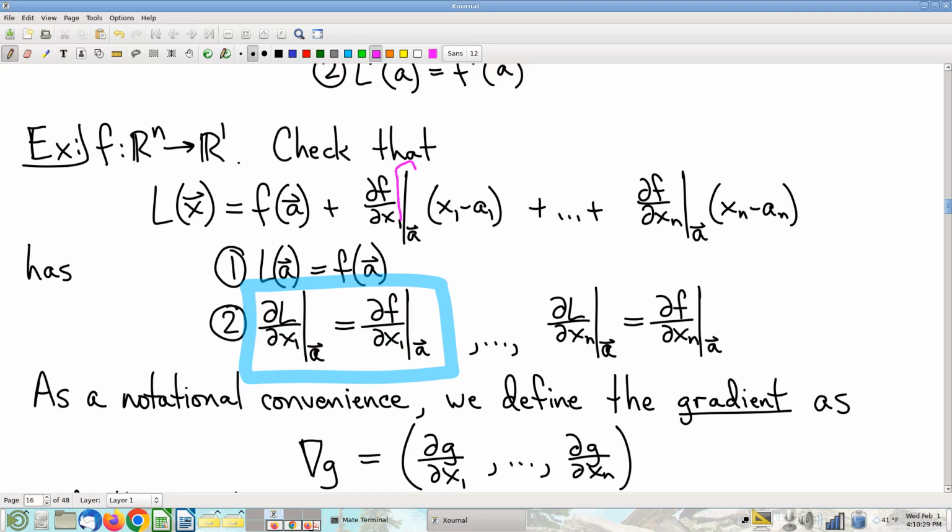This business right here, where you put a vertical line and then as a subscript you put a point, that vertical line is just a way of saying, we're going to take this function, this partial derivative function, it's a function of x1 through xn. And the vertical line says, but I want to plug in a value, and A is the value that I want to plug in.